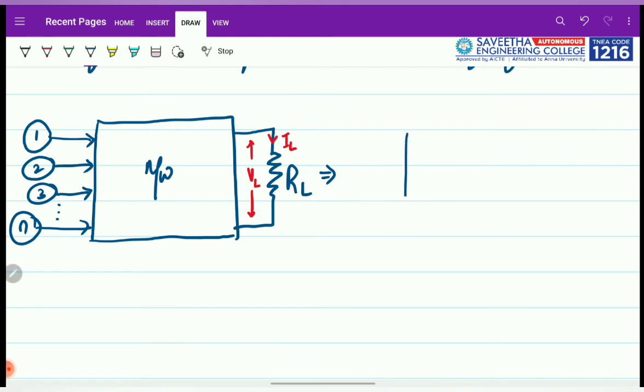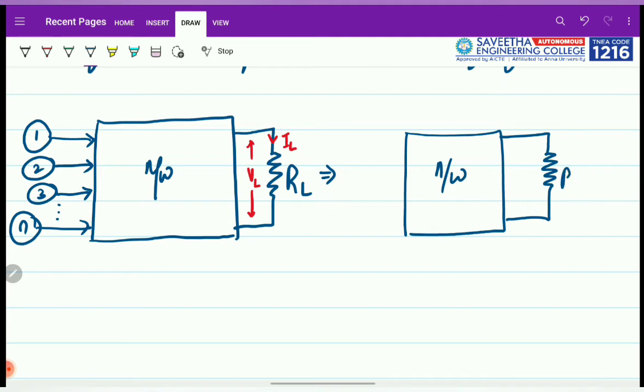That is the same network with the same load, where we need to find, maybe I take I dash and this is VL dash. We are going to find using only one source at a time.